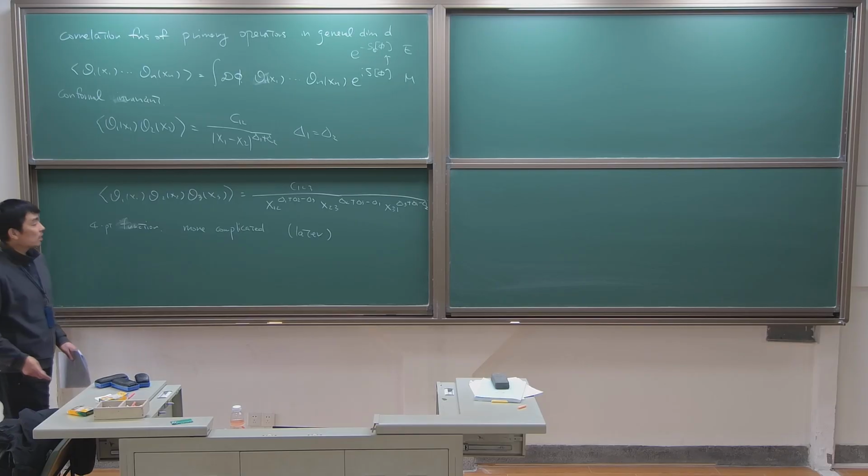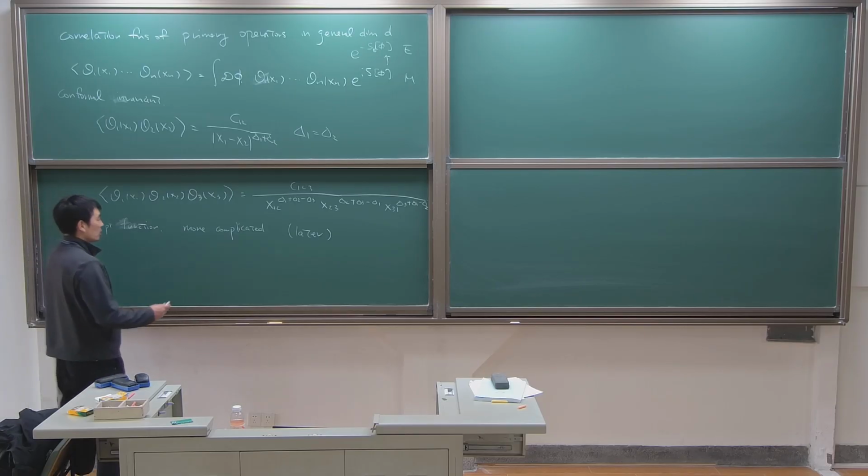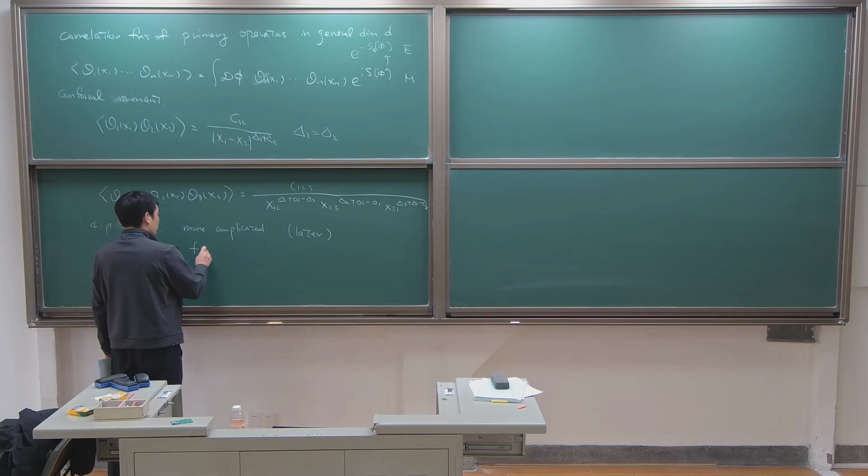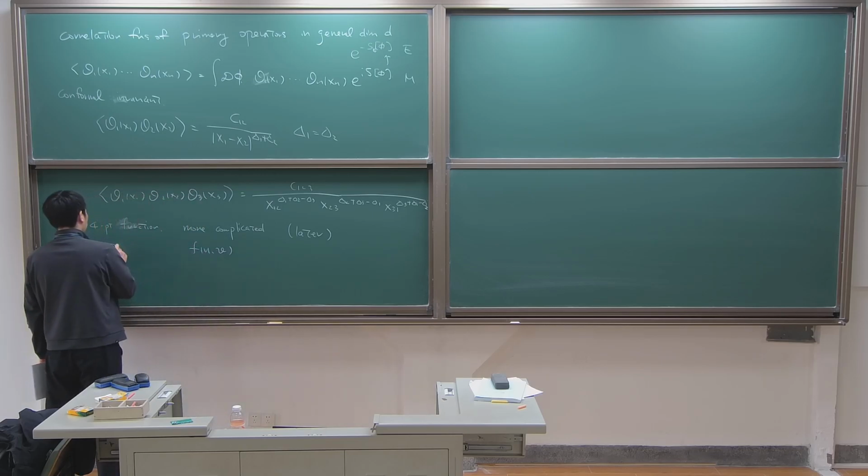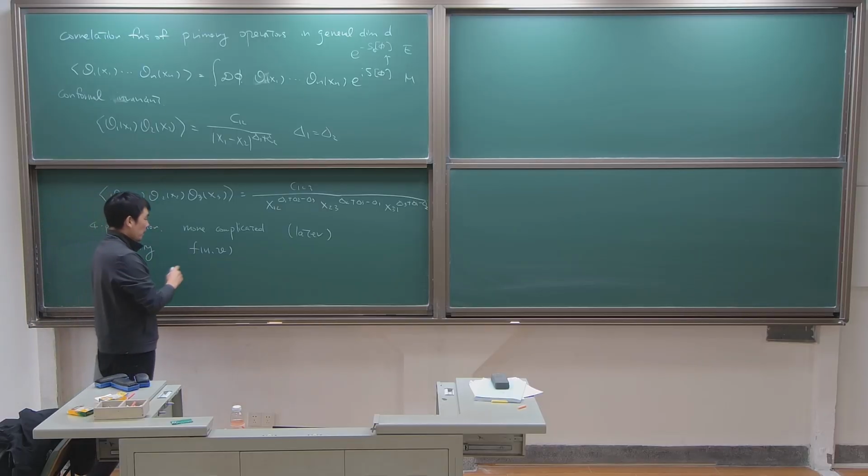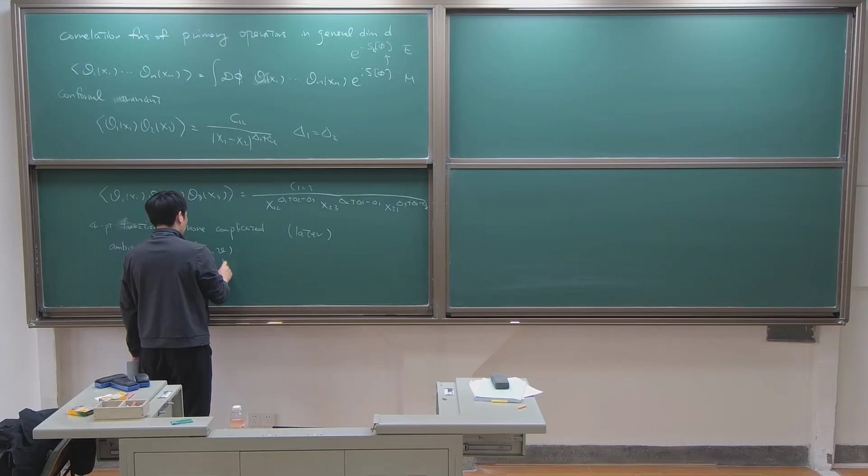Okay, so that's the 4-point function. There is some ambiguity. If you only use invariance, we have an ambiguity, where u and v are called cross ratios.